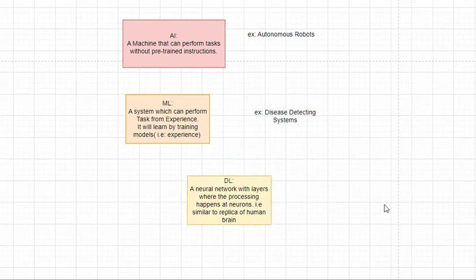Deep learning models. So how are these computing, how will this structure be? They have a similar structure to our human brain, and they will be layers of neural networks, and the processing happens at neurons.